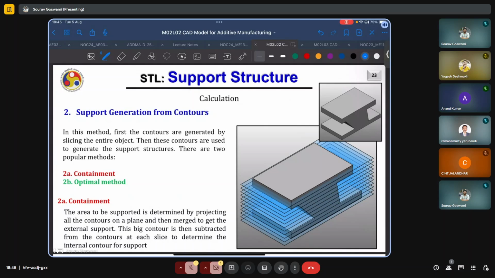The intersection of the slicing layer, in this case a plane, and the 3D object is the contour.